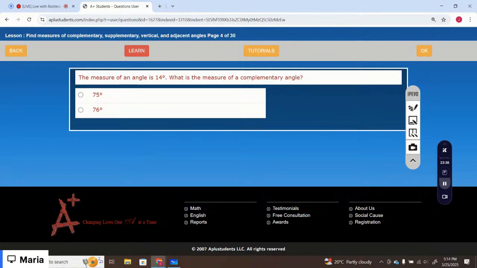So which is the correct option? That is 76 degrees, option number two is the correct option.